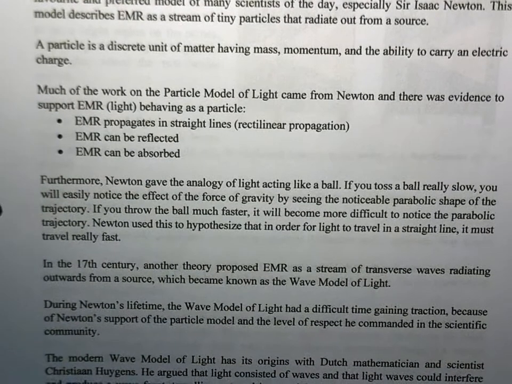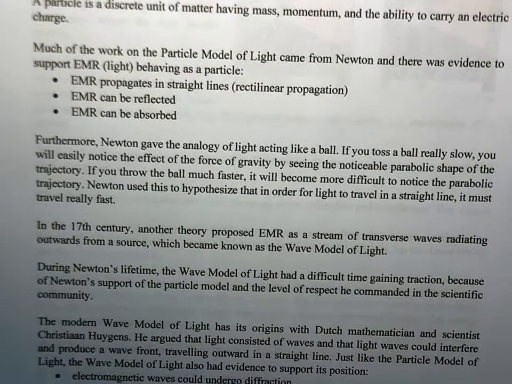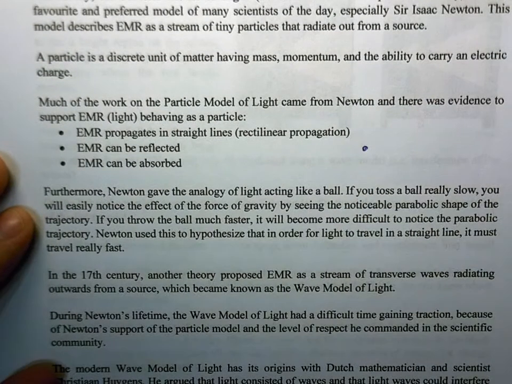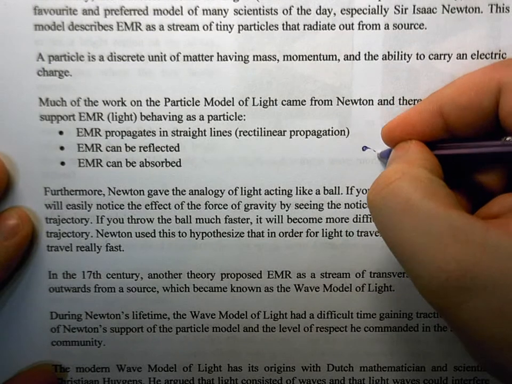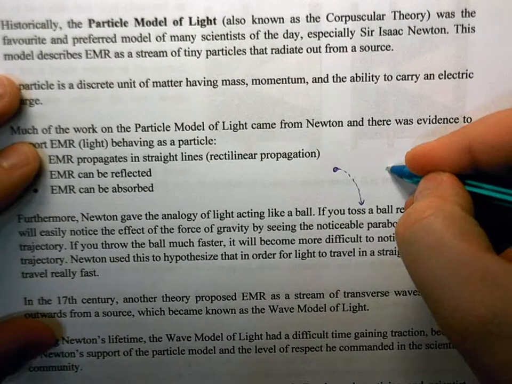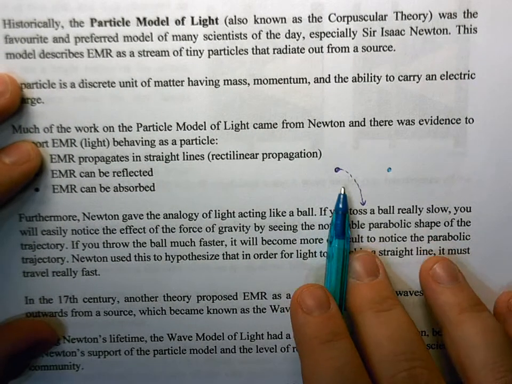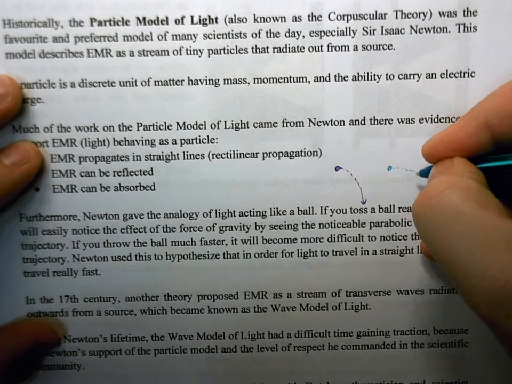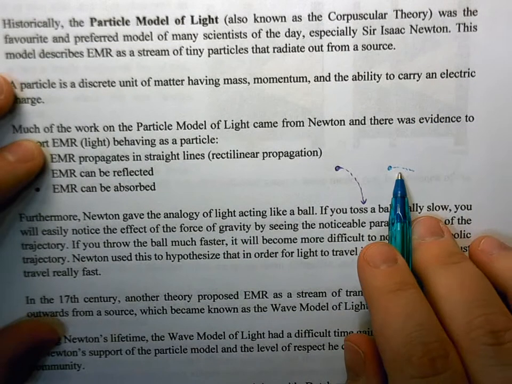Newton also gave an analogy with light, going back to the ball. If you toss a ball really slowly, it's obvious that the force of gravity is acting on it, and it comes back down to the ground quickly. But if I throw it the same distance significantly faster, you're probably not going to notice much of a drop.